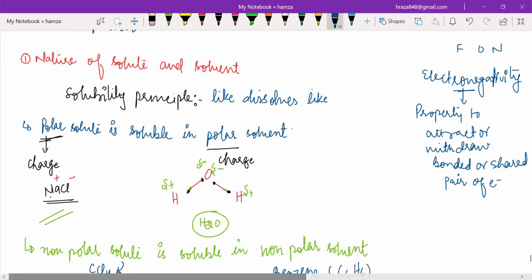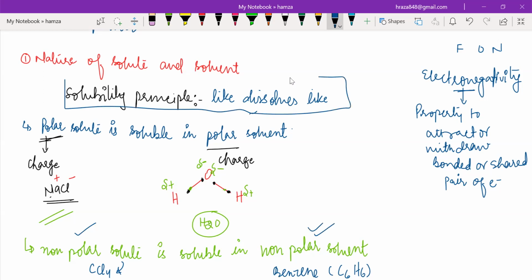So CCl4 is soluble in benzene because CCl4 is non-polar and benzene is also non-polar. So the solubility principle says like dissolves like, that means polar solute will be dissolvable in polar solvent and non-polar solute will be dissolvable in non-polar solvent.